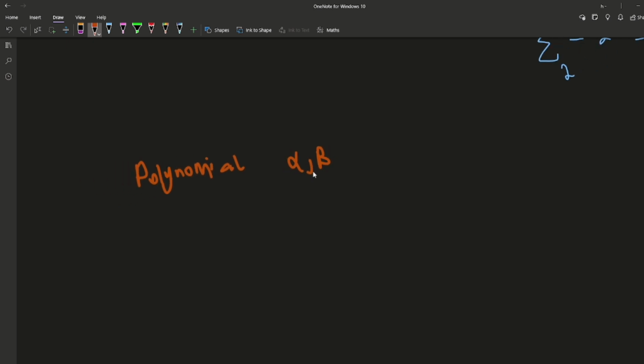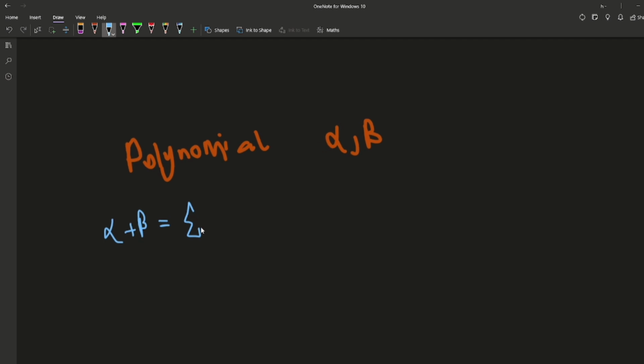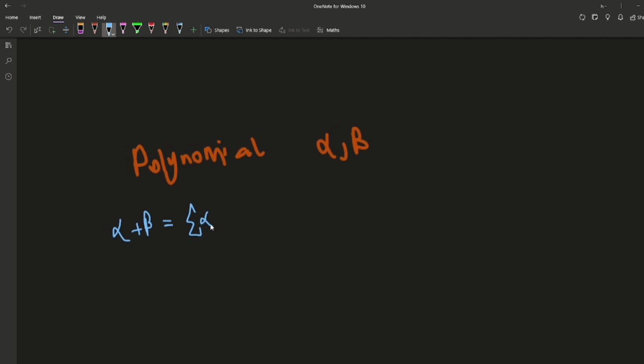If we were to write the sum of these roots, alpha plus beta, can't we just use sigma notation with alpha inside? This basically means the sum of alpha and beta, the sum of roots.